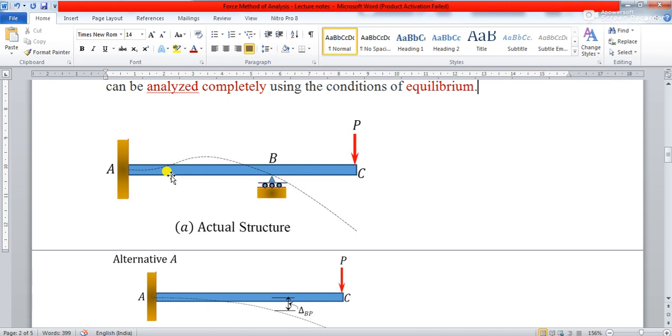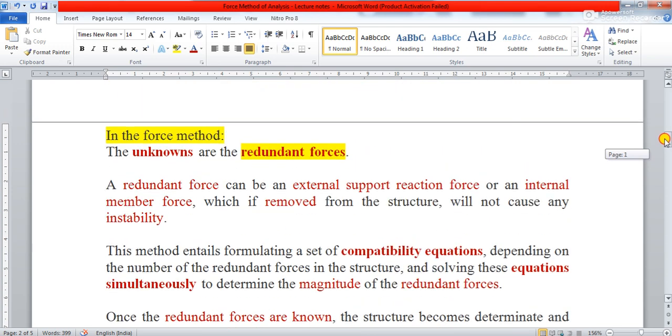What is the redundant force? Just a few minutes back I was explaining, right? What is redundant force? Redundant force means, what is redundant? Unknown, sir. Yes, a redundant force.